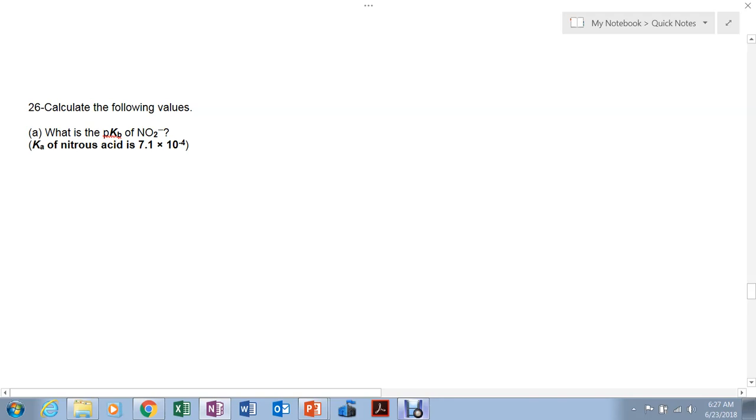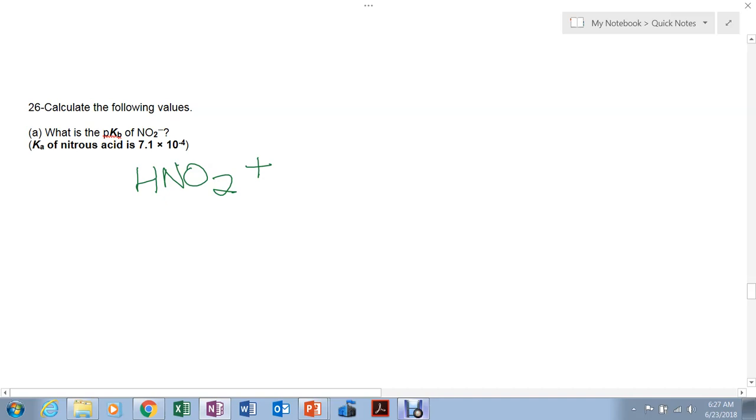Okay, you get it from NO2 negative, right? It's the conjugate base of the nitrous acid.